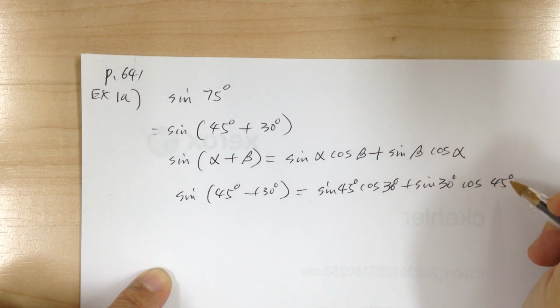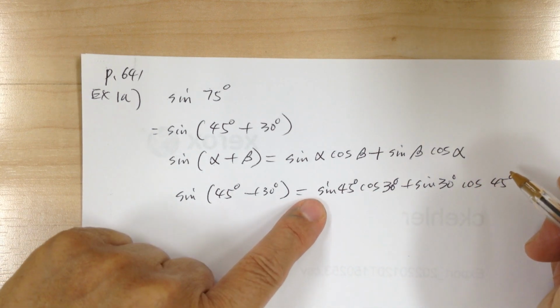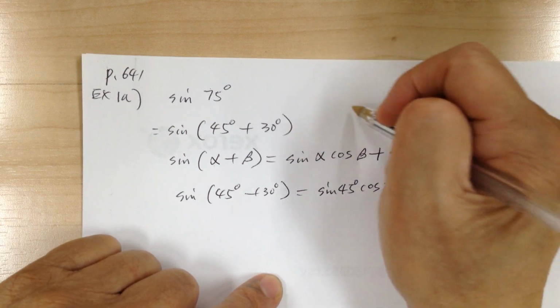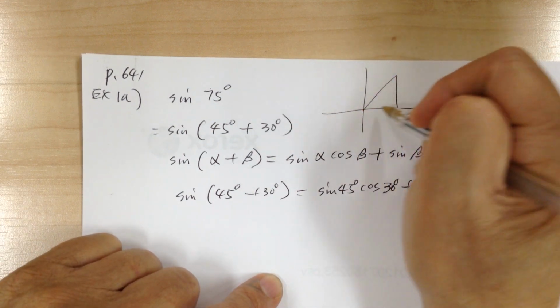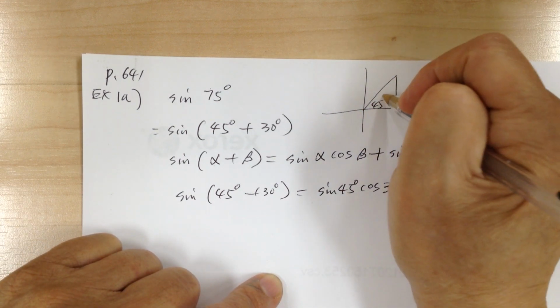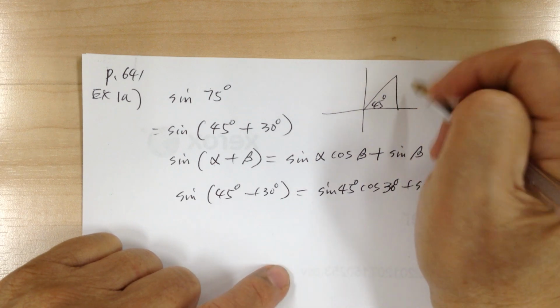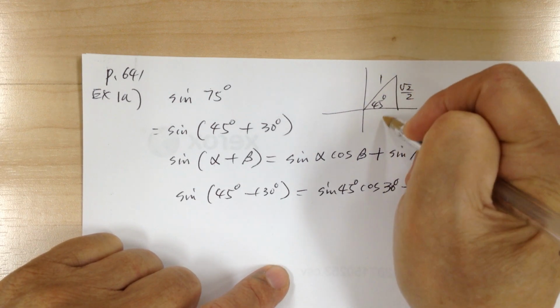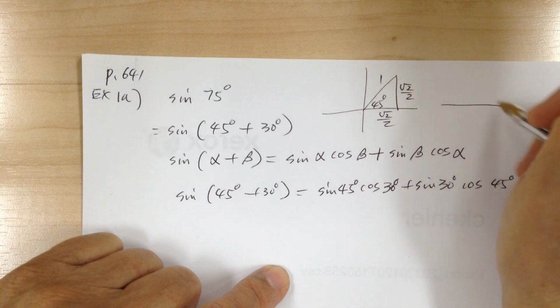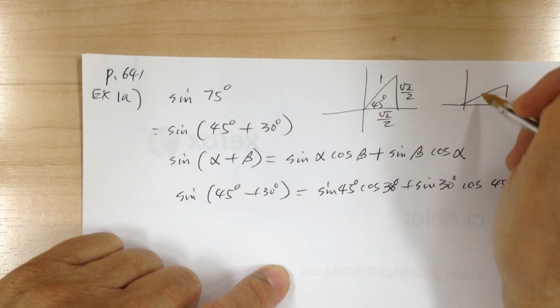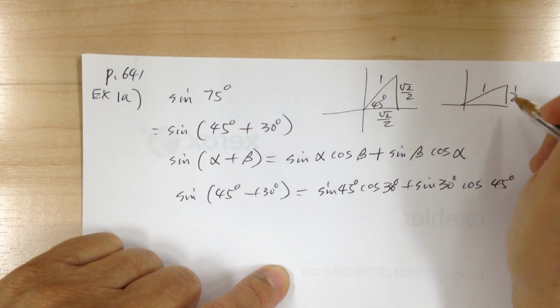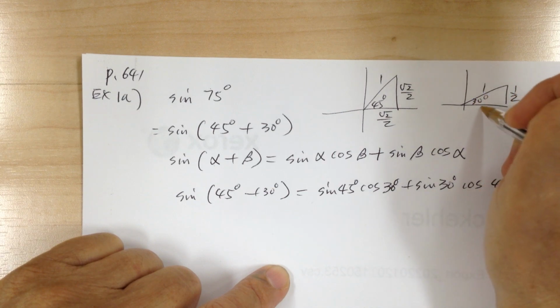And then from here you can evaluate from your triangles. For the 45 triangle, this would be 1, and this would be square root of 2 over 2, square root of 2 over 2. Now for the 30 degrees, this would be 1/2, and this would be square root of 3 over 2.